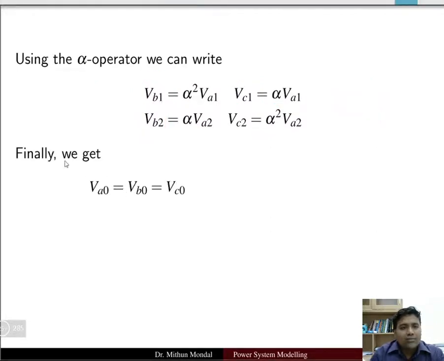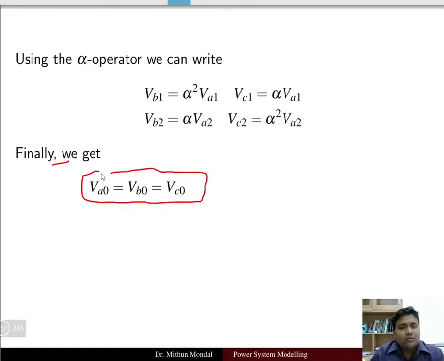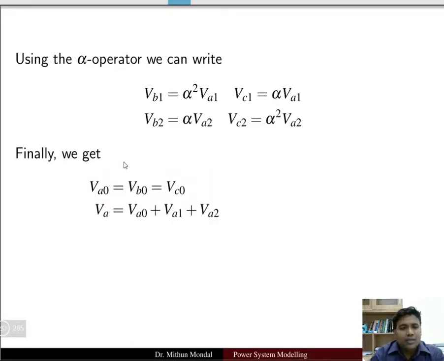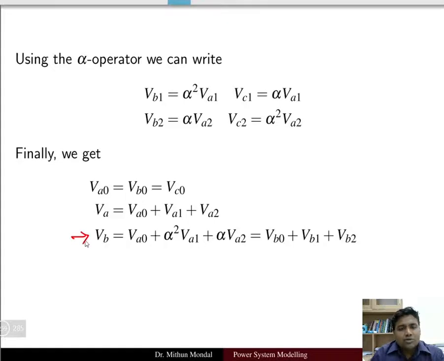So we can finally write that all the zero sequence components VA0, VB0 and VC0 of the three phases are equal. Then VA can be broken up into zero sequence, positive sequence and negative sequence components. Now VB can be resolved in terms of VA. So it is VA0, because VB0 is equal to VA0.